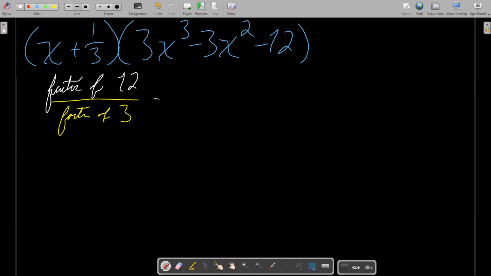Okay, so that would be plus or minus 1, plus or minus 2. Luckily, 12 has a lot. Plus or minus 3, plus or minus 4. Those are just ridiculous. Plus or minus 6. All right, that's that.